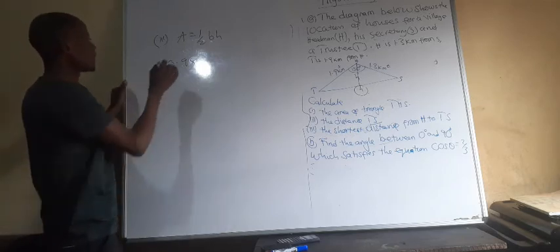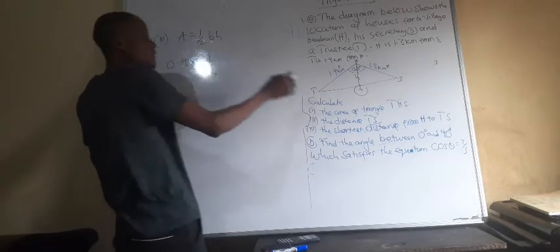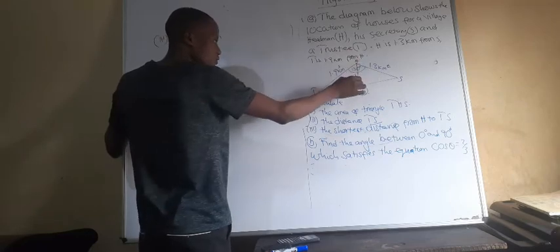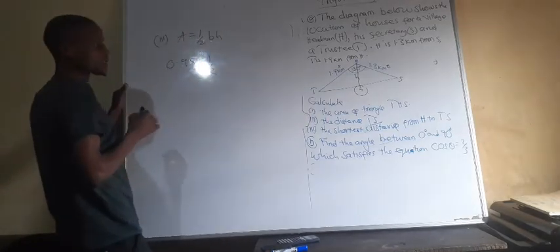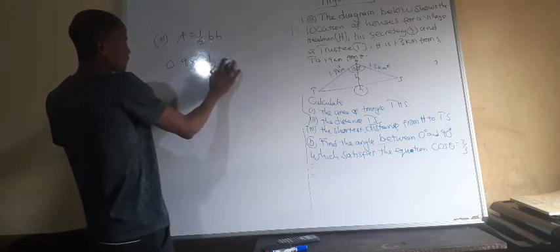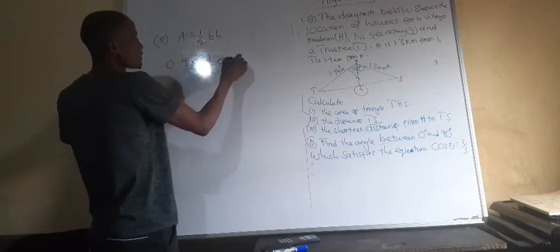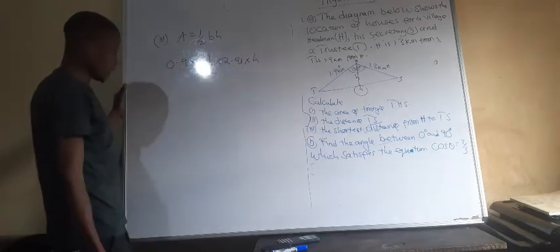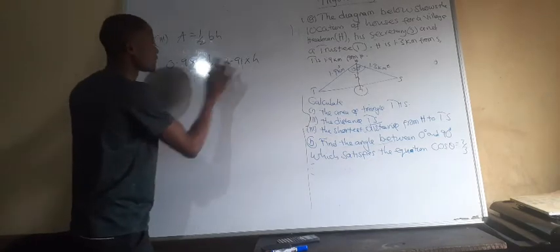Okay, now area is equal to 1 over 2. Then the base, as we said, is the distance where the short distance is moving from H to where it is going, the TS. So b is the TS, of which TS is 2.91. So times 2.91, then times the height, the one you are looking for. Now when you do that, you start simplifying.